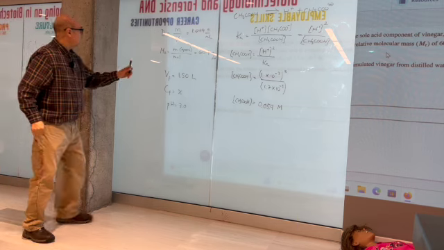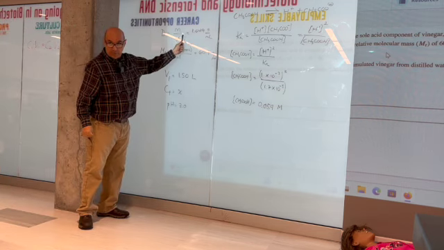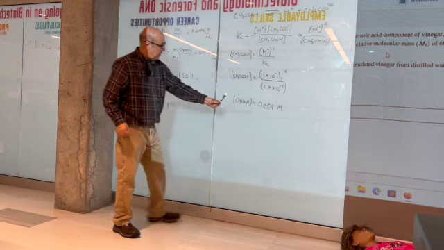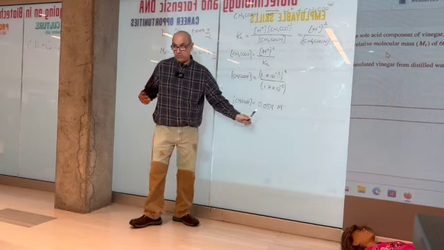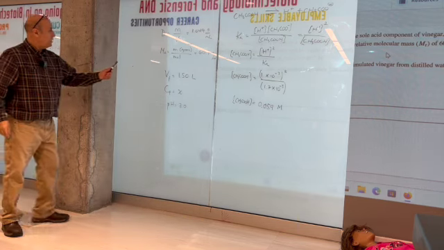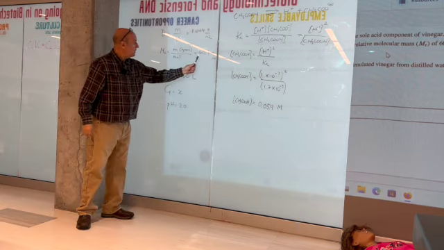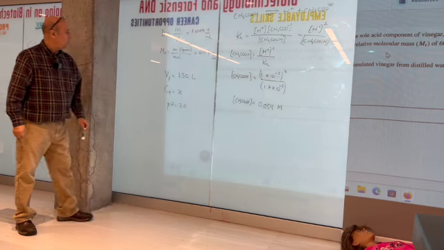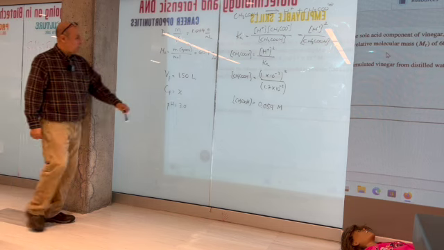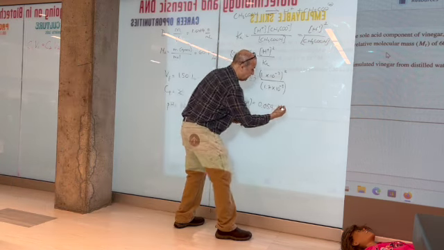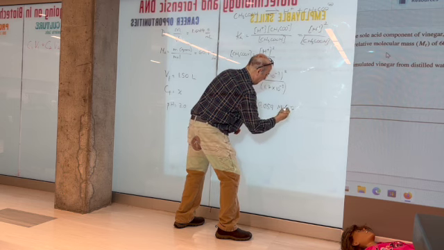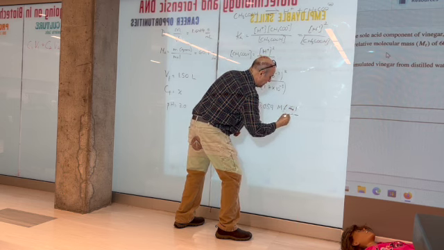So that's where the density is going to come into play. But we have a molar concentration, which means we have a mass, right? Now, because we know the molar mass of acetic acid, we also know the grams because we know the moles. So this is written as mole per liter.